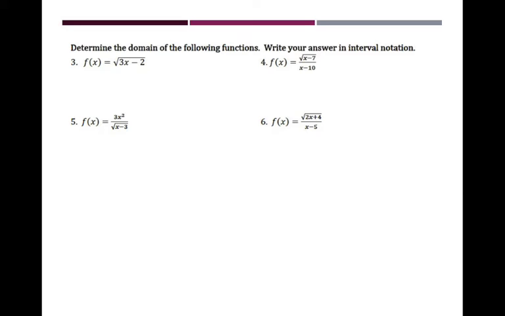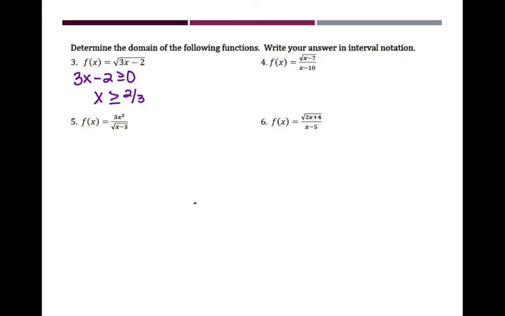For number 3, I see that I have a radical, so what's inside my radical, this 3x minus 2, has to be positive. That means it can be greater than or equal to 0, because you can actually take the square root of 0. I'm going to solve this inequality. I add 2 to both sides and divide by 3, so I get x is greater than or equal to 2/3.